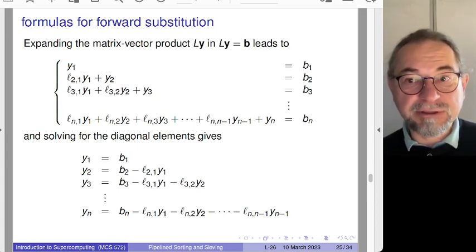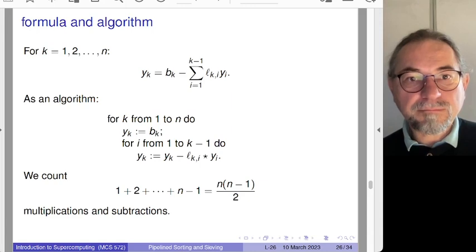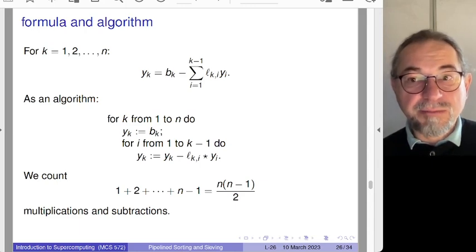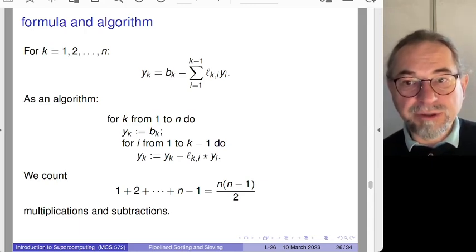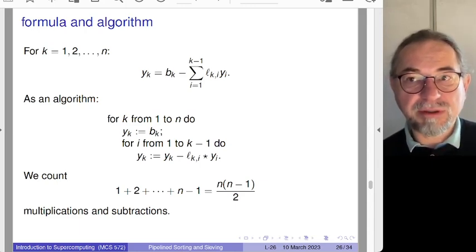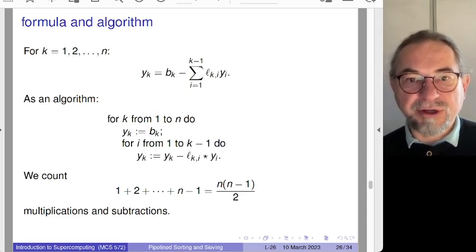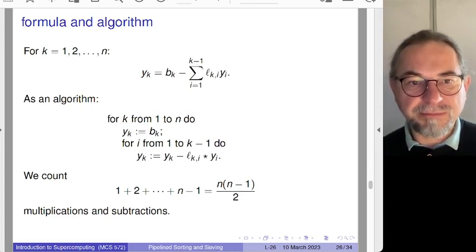At first, this is a very strictly sequential computation. So here are the formulas. This is an n squared computation, but we hope that with a pipeline we can provide speedup, so that this can be done in linear time if we have sufficient processors available.